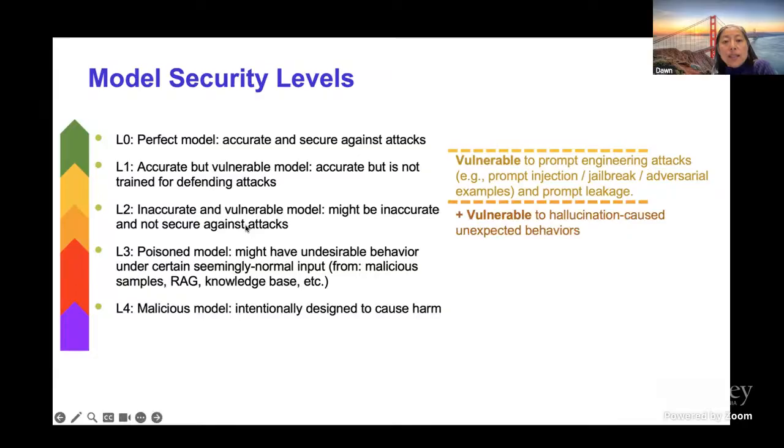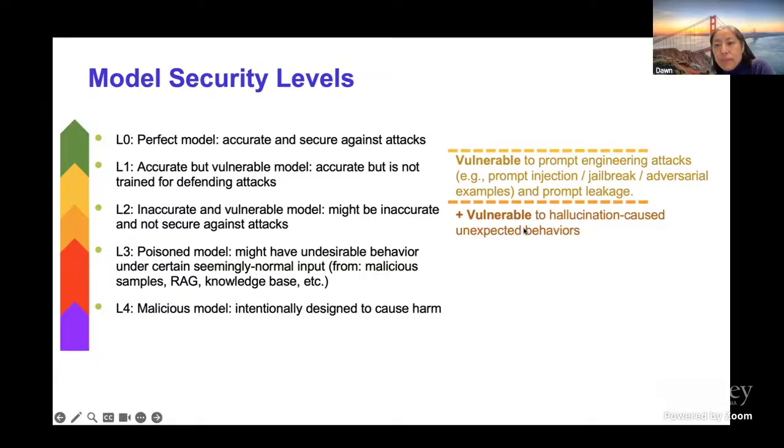So the next level is the model is inaccurate and vulnerable. So in addition to not being secure against attacks, it also is inaccurate, which is typically the case. As we know, models often hallucinate, have many robustness issues and other issues.